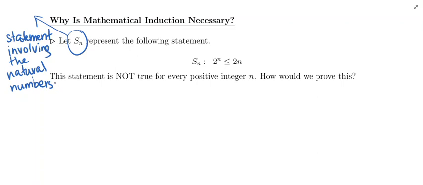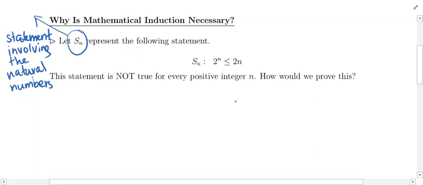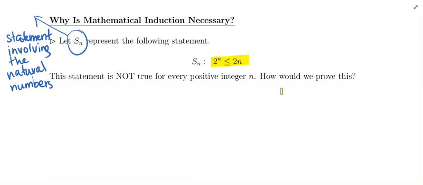Sn, the statement is 2 to the nth power is less than or equal to 2 times n. This is the statement we're working with right now. 2 to the nth power, is that always less than or equal to 2 times n?